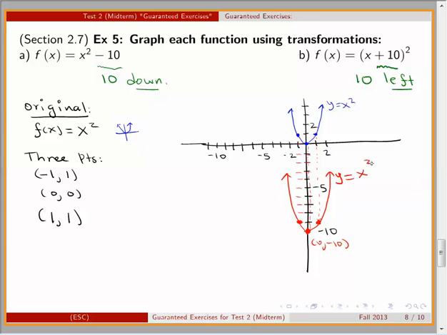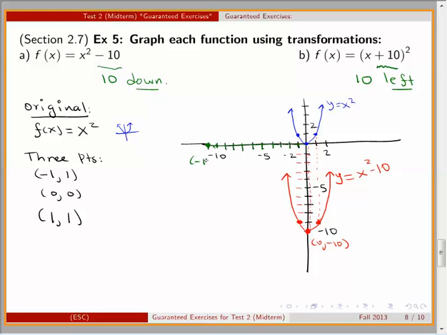Okay, now to do part B, we just have to repeat, but now we're going to start with the original, and instead of moving down, we're going to move left 10 units. Let me start with this point on the bottom. I move 1, 2, 3, 4, 5, 6, 7, 8, 9, and 10. This point shifts left to this point, which is negative 10, comma 0.